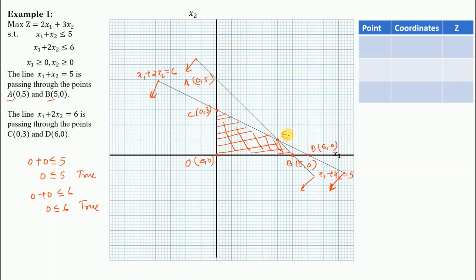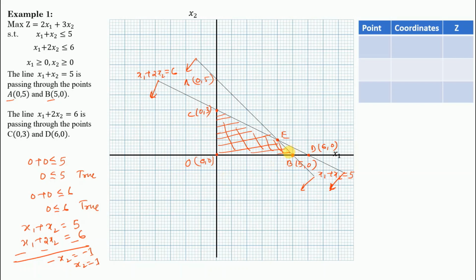Look at this. This point E is the point of intersection of these two lines, x1 plus x2 equal to 5, and x1 plus 2x2 equal to 6. So subtract this one; here x1 will cancel out. You will get minus x2 equal to minus 1. So x2 equal to 1.